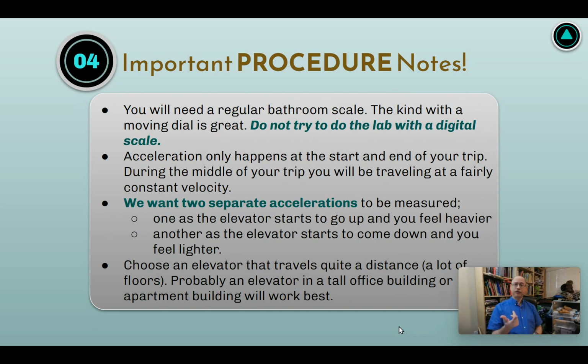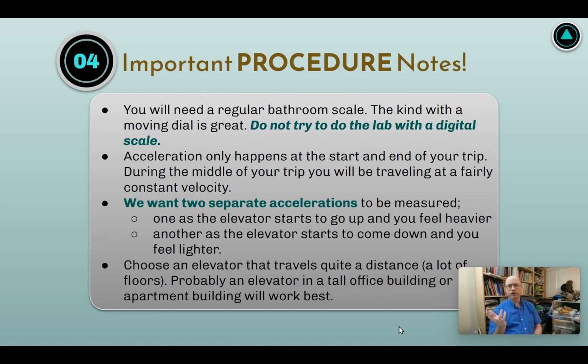Now, a couple other things to remember as far as procedural notes go. You still have to write out a procedure of what you do, but the acceleration of your elevator only truly happens right near the very beginning of the trip up and right near the very beginning of the trip down. Those are the two accelerations that we want you to try to read.